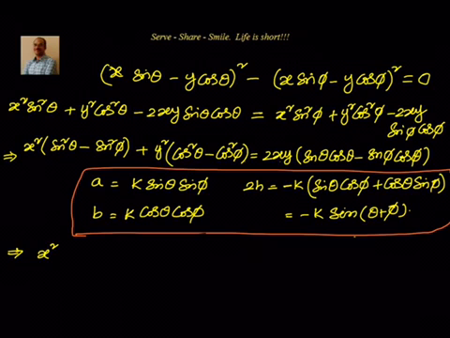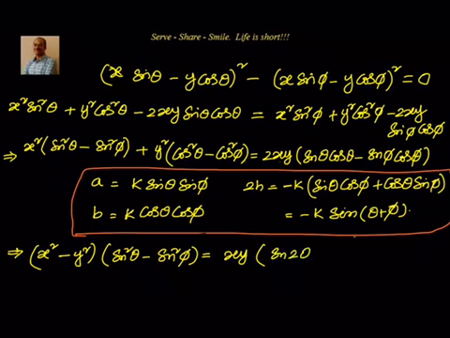Can I take common in that case? It will become (x square minus y square) into (sine square theta minus sine square phi) is equal to xy into, can I take the 2 inside? Then 2 sine theta cos theta will become sine 2 theta. A little bit of trigonometry here we are using, sine of 2 phi.